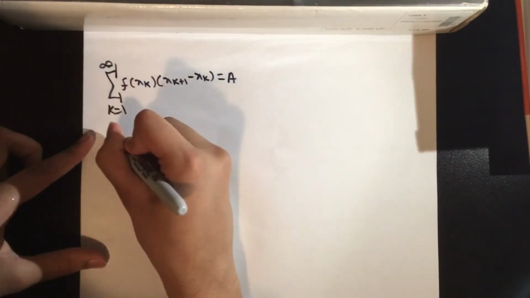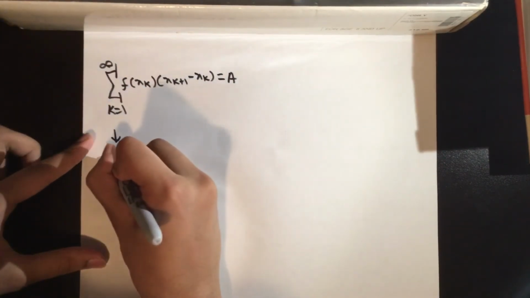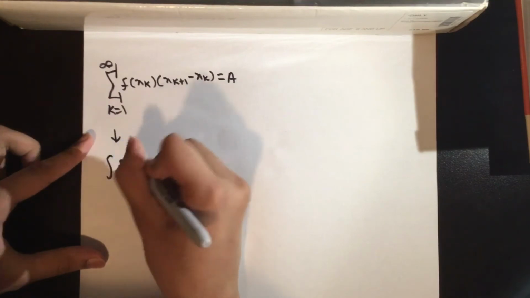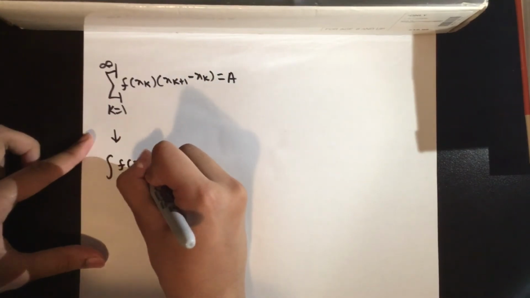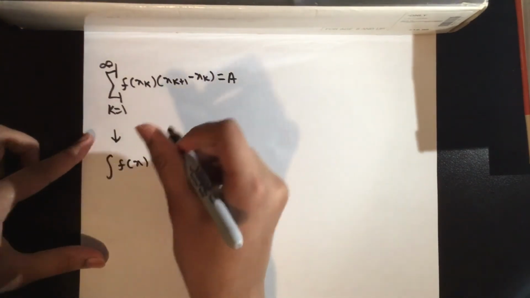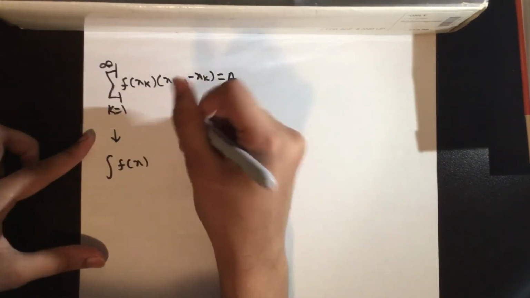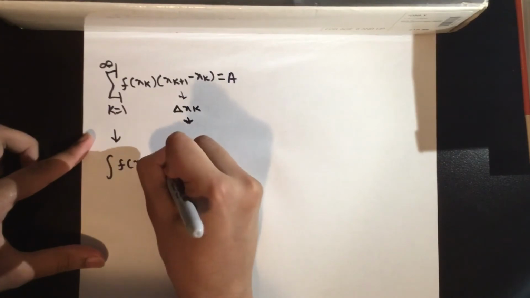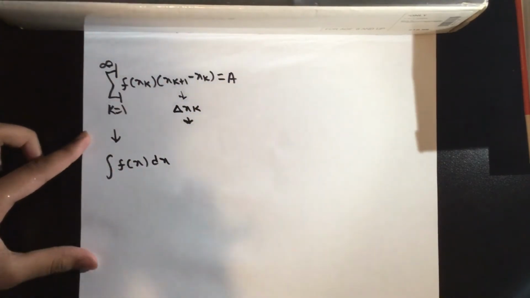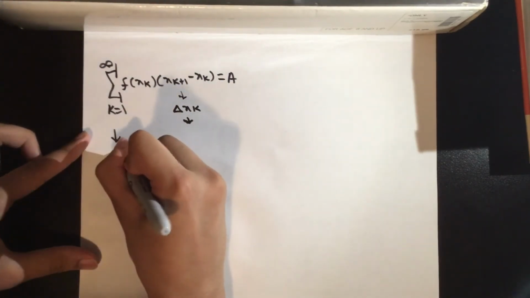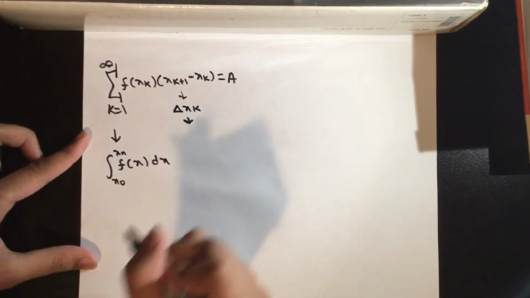So we can write this as the integral f of x. So say we're just dropping the subscript k, f of x. And this is delta xk, which can be written as dx, so with respect to x. And if we're given a boundary, xn to x0, we can evaluate this integral.